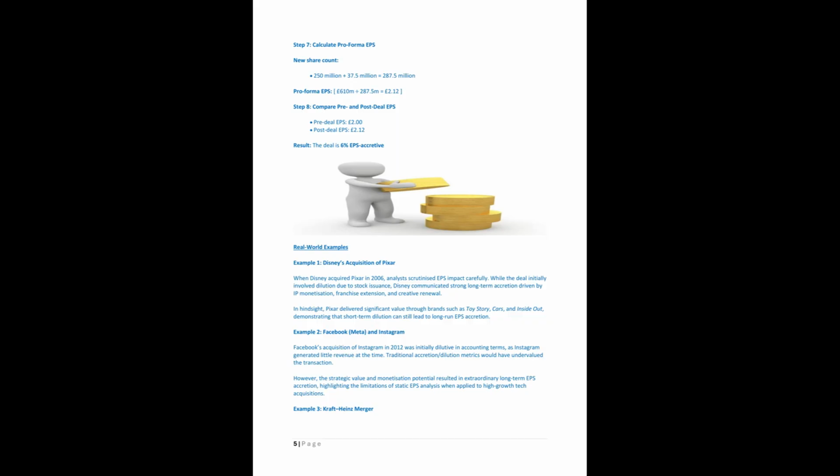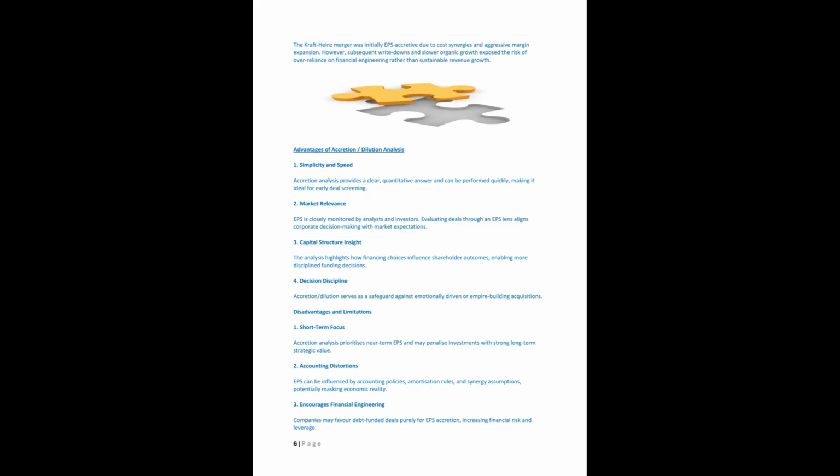These examples show that while short-term EPS impact is important, understanding long-term strategic value is crucial for assessing M&A success. The Kraft-Heinz merger initially showed an increase in EPS thanks to cost synergies and aggressive margin expansion. However, later write-downs and slow organic growth revealed the risk of relying too heavily on financial engineering instead of building sustainable revenue growth.